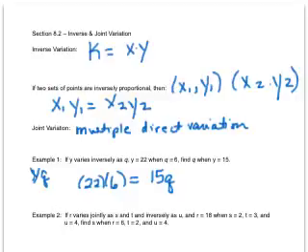And 22 times 6 is 132 equals 15q. And then we divide both sides by 15. And q is 8.8.